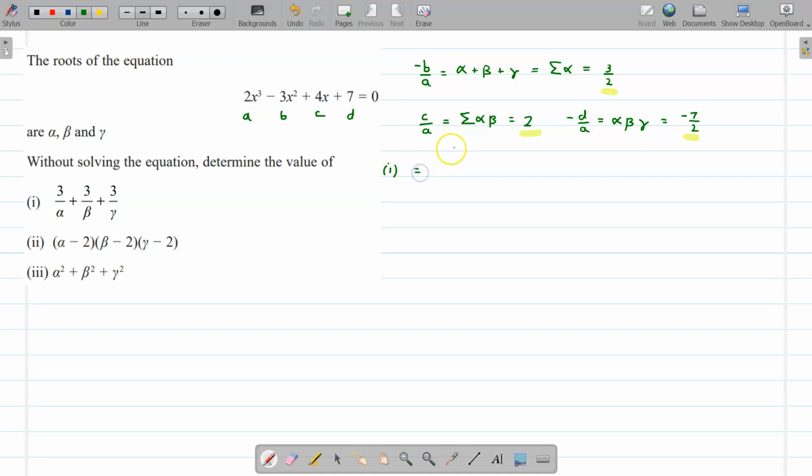Now what we need to do is a common denominator, and we can see that we have 3 beta gamma, over, well, I'll just write the numerator first, 3 gamma alpha, and also 3 lots of alpha beta. And all of that is over a common denominator of alpha, beta, gamma.